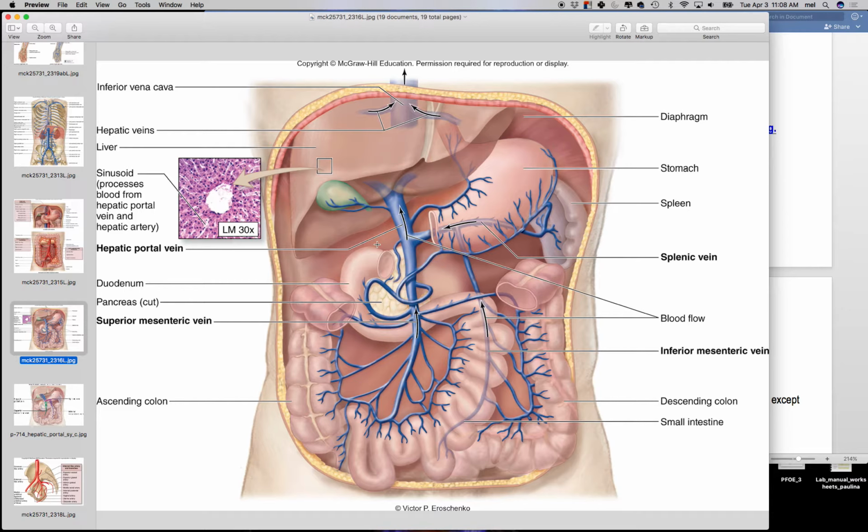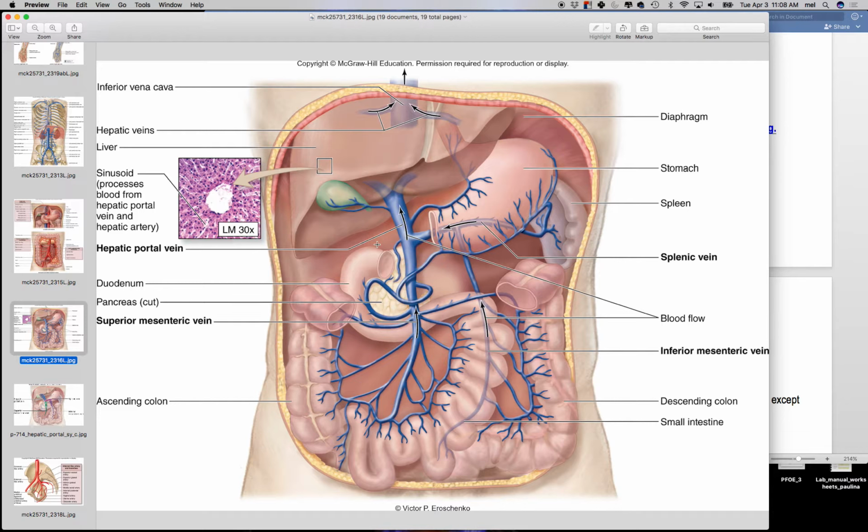But I need to explain to you what a portal vein is so that you'll understand the function of that one. Portal veins are weird and they're not very common. People argue about whether we have one or two or three in the human body. And they break the rules of circulation. The rules of circulation are generally that you go heart, artery, arterioles, capillary, venule, veins, heart. But a portal vessel breaks that rule, and what it does is put capillary beds in series.